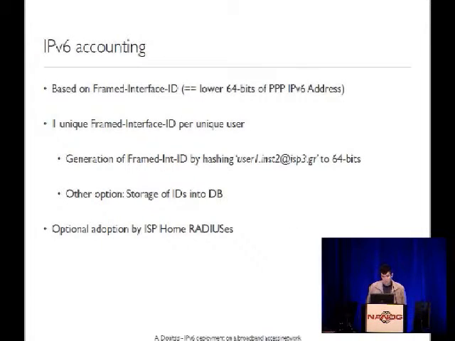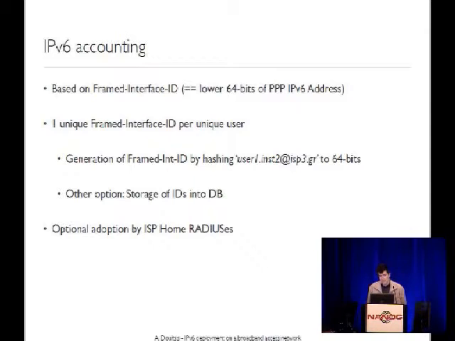Okay, of course, we're interested in IPv6 accounting because we want to know which IPv6 prefix each one of our users receives, both on the one link and on the LAN behind the CPE. Because in our IOS version at this point, there are some attributes missing.